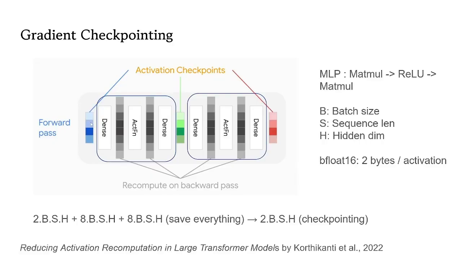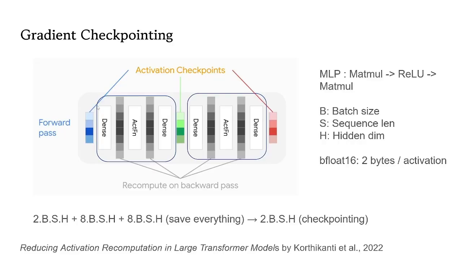Now, the idea is that if we were to save all the activations for later use in the backward pass, we would be storing all of these: the input here, the intermediate values here, all of these. But because all of this couldn't fit into the GPU memory, I can look at the set of all of these activations and ask myself which of the activations are taking up a lot of space in memory and which are not so hard to recompute.